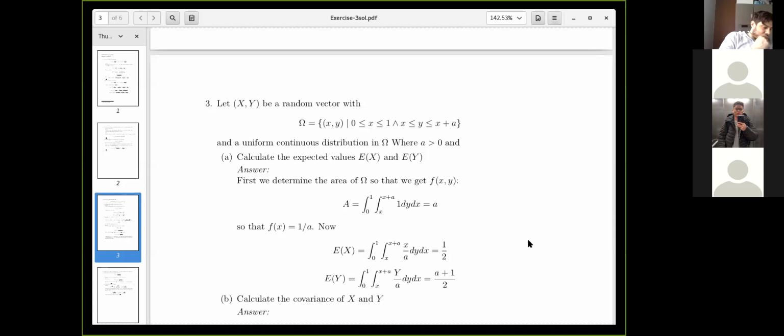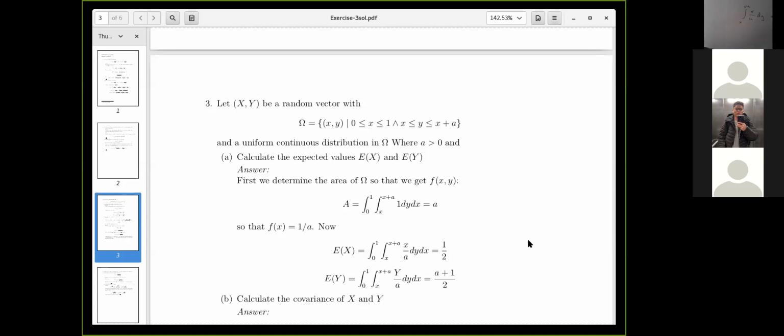So it comes down to x times (x plus a) minus x times x, over a, which is equal to x times a over a, which is equal to x.